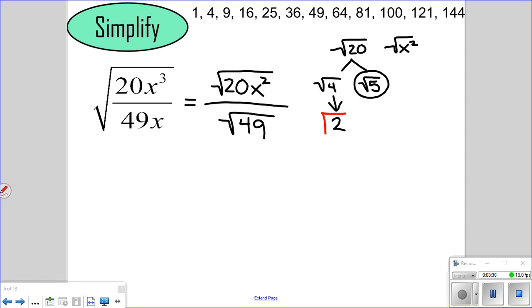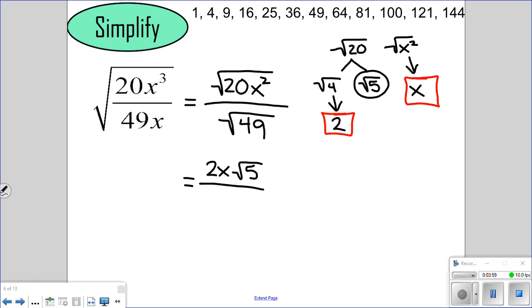And x squared is a perfect square, so we can actually break that down, and it is simply x. Remember, to take the square root of a variable with an exponent, all you have to do is cut it in half. So on the outside up top, we have 2x times the square root of 5.